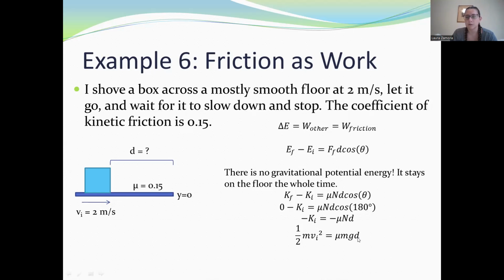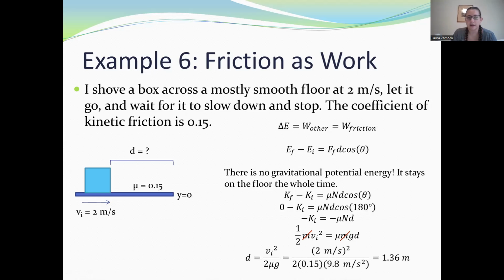And then we have that displacement again. Since we had a negative sign on both sides of the equation, I canceled those out and removed them in this line. You'll see that there's a mass on both sides of the equation, just like there have been previously, so we can cancel that out.